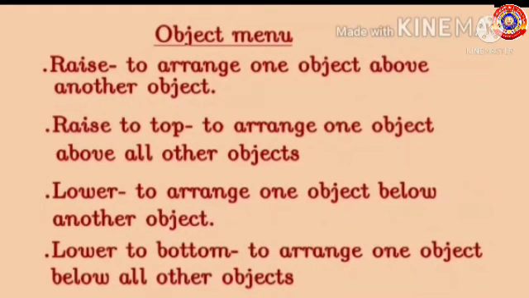Suppose three children A, B and C are standing in a line with A in the front, B in the middle position and C in the last position. If you want to arrange B at the front, you can use the Raise option. Raise option is used to arrange one object above another object. Now, if you want to send C to the front, you have to use Raise to Top because C is at the third position now.